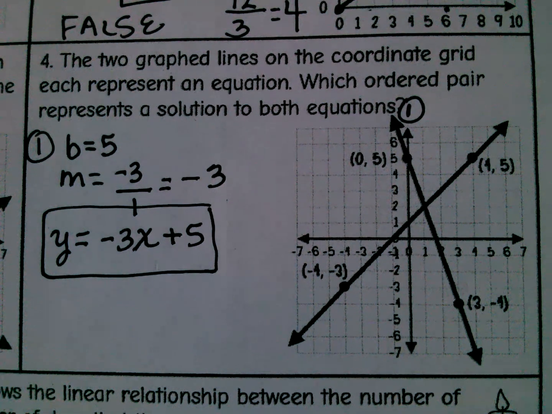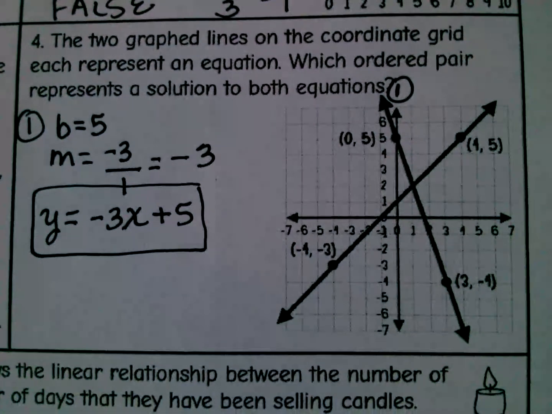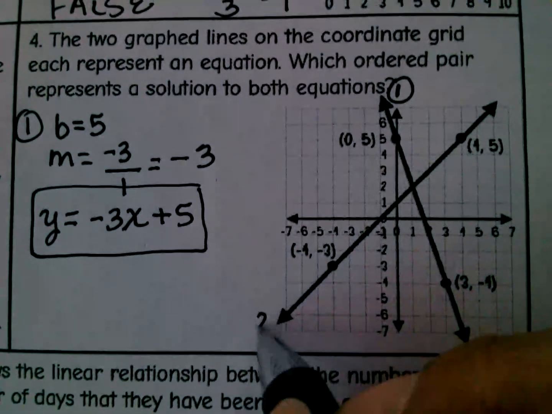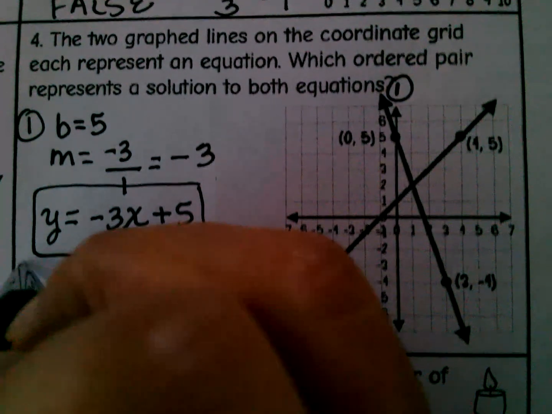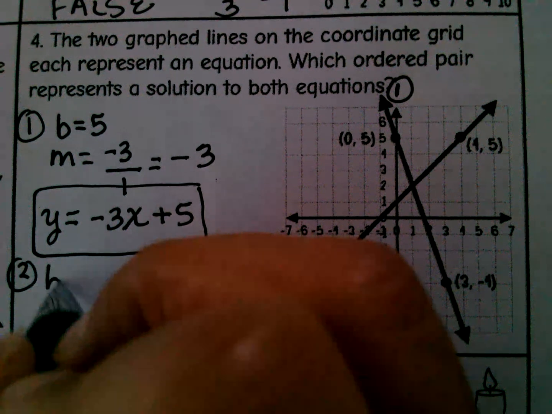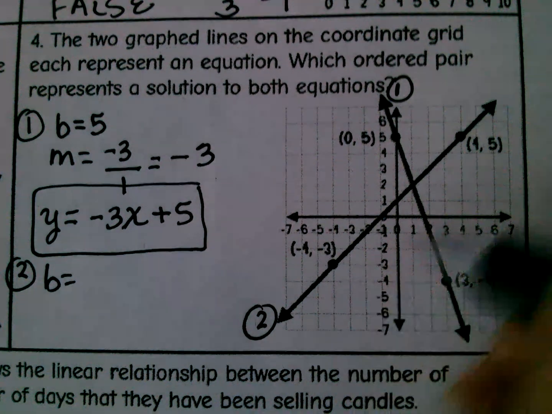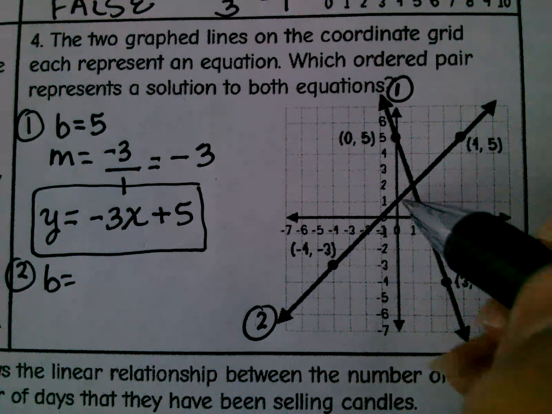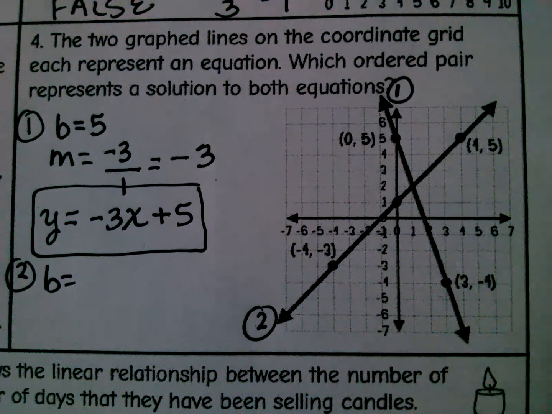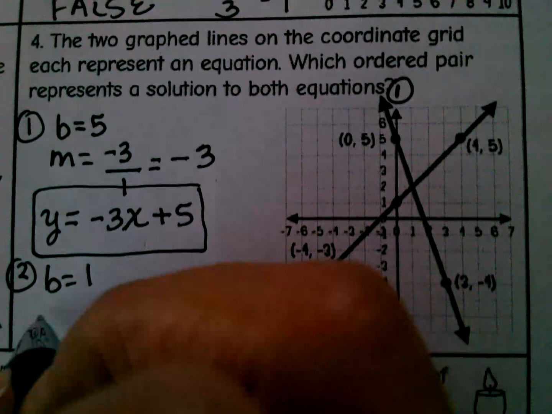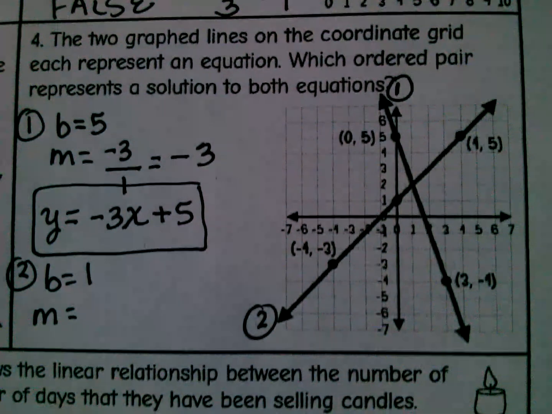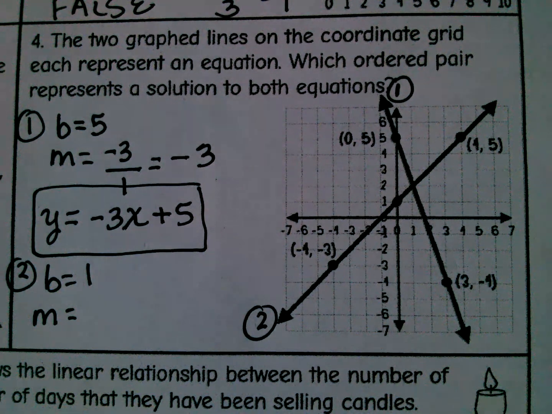So there's my first equation. Now let's focus on equation number 2. Somebody tell me the y-intercept of equation 2. It's very good. It's crossing the y-axis at 1. And who can find the slope of the second equation?